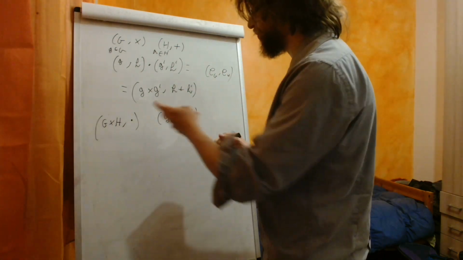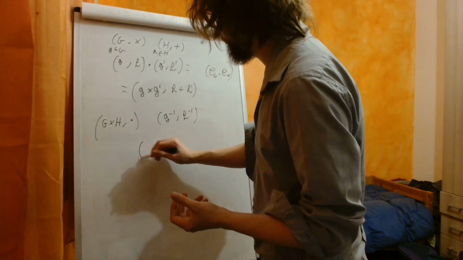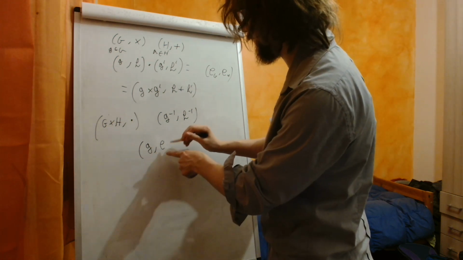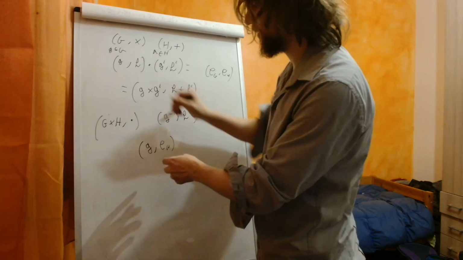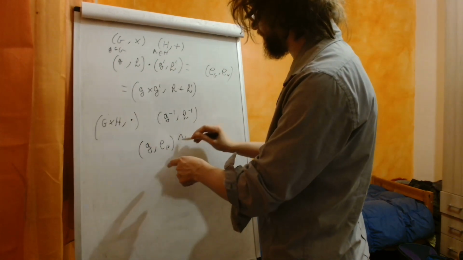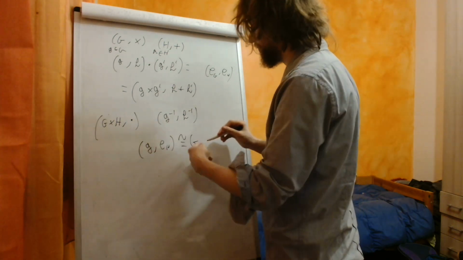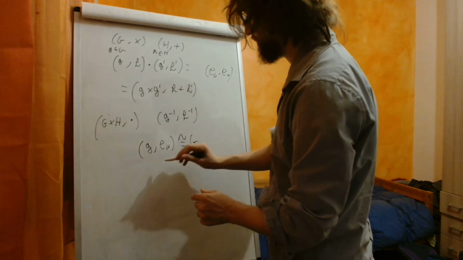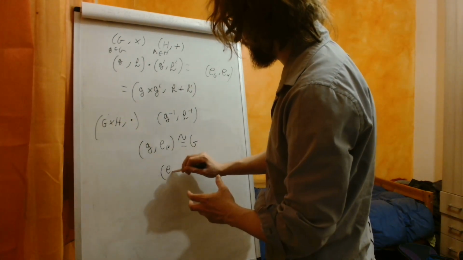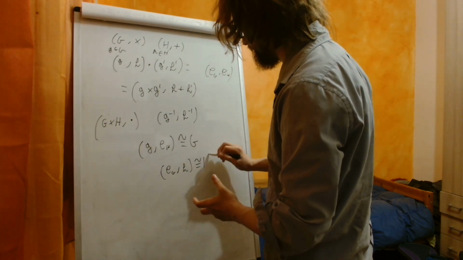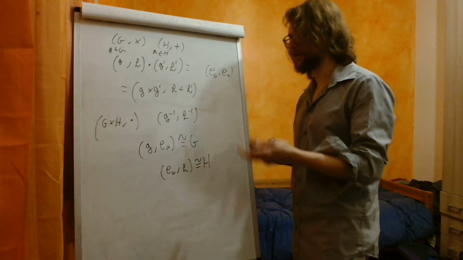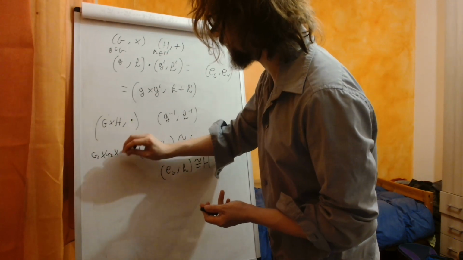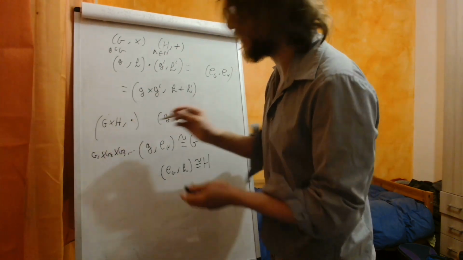In particular, 2 subgroups of this group are always the sets G, E, where you have any element from this group and the identity here, which is isomorphic of course to G. So you basically are doing operations only on G, and you are ignoring the H, and also E, H isomorphic to H. And we can generalize it to a product of more groups, G1 times G2 times G3, and so on, also infinite groups.